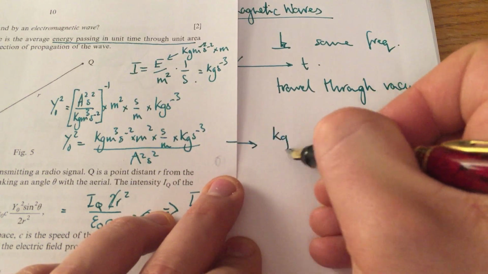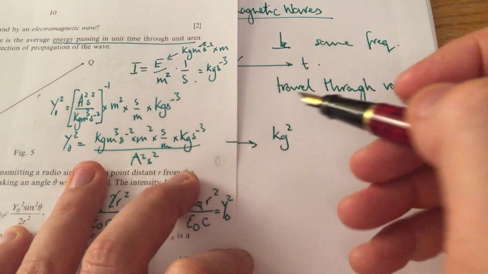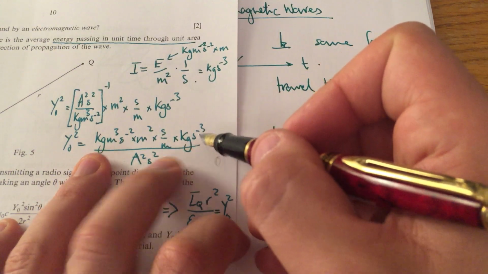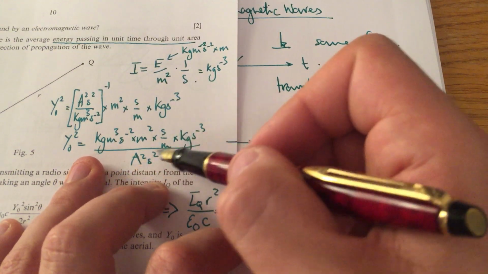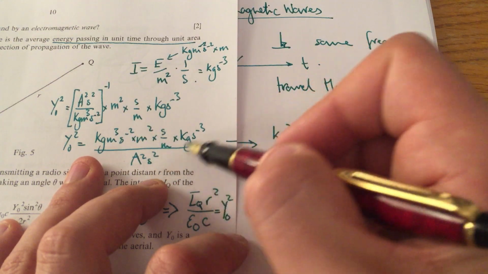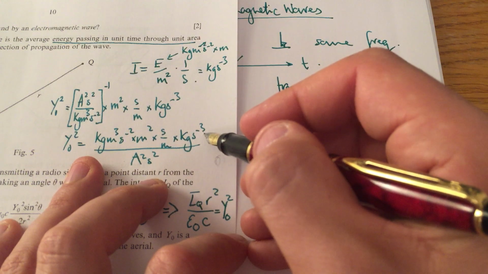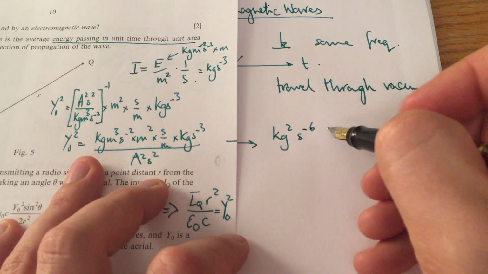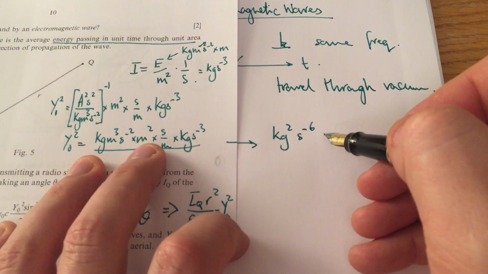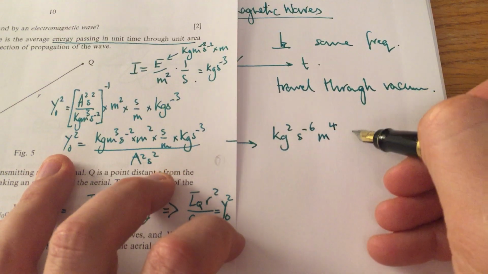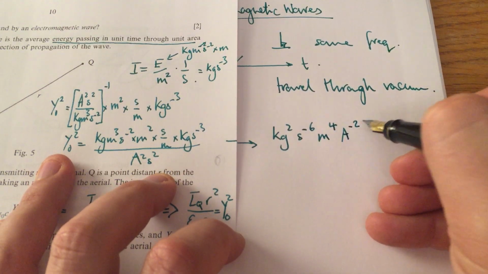We've got kilograms squared, because that's that and that one put together. We've got seconds, so that one at the bottom, and I've got seconds there and there, so that's seconds to the 4, seconds to the minus 7, minus 6. I then have meters cancels that one, but that's with 5, so that would be 4. I've got amps to the minus 2.